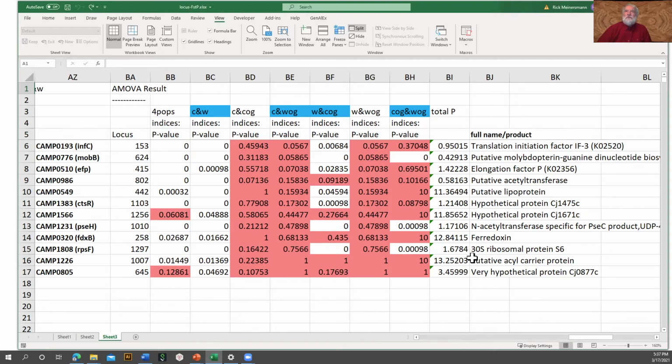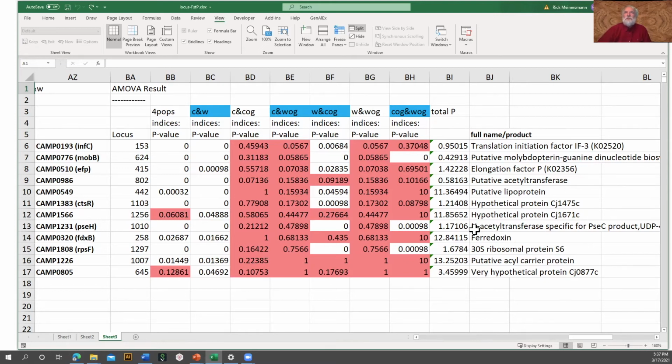And one of them is the 30S ribosomal protein, and I cannot imagine any selective pressure that that could convey for chicken. Another one is a putative molybdopterin guanine dinucleotide biosynthesis protein, and I don't know what kind of selective pressure that could have.